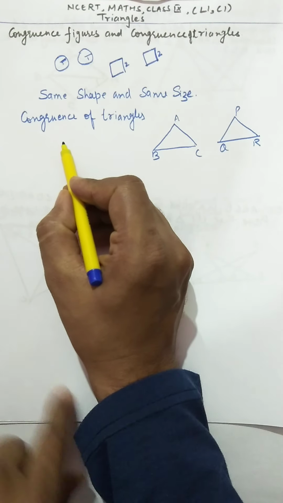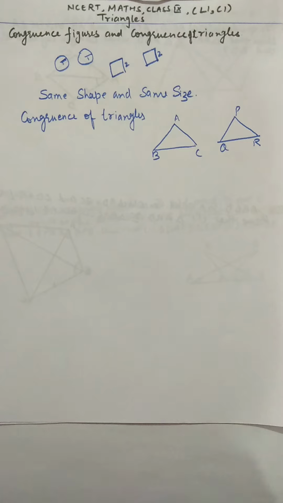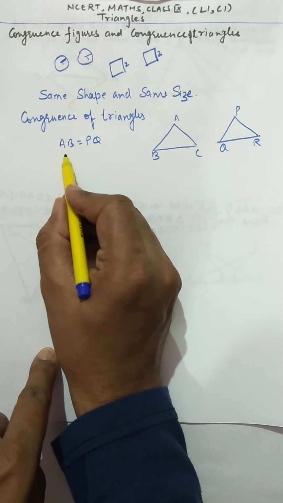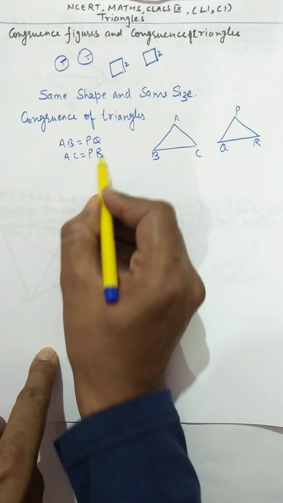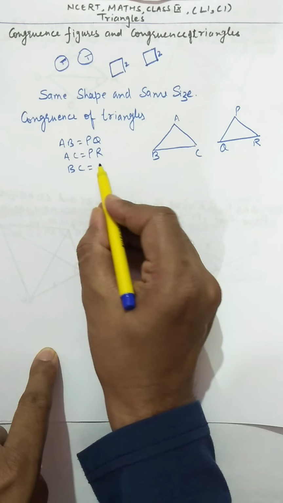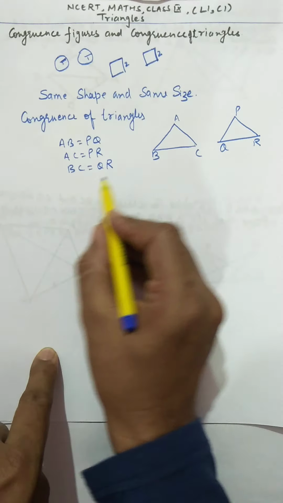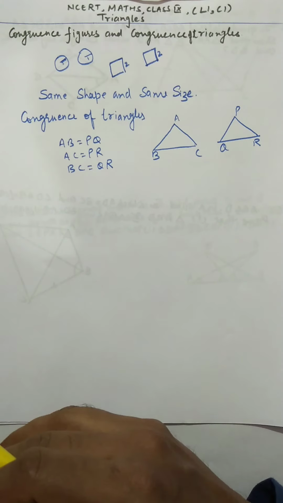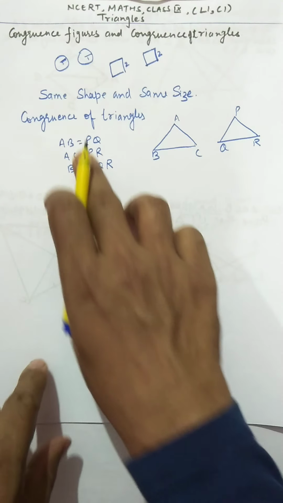So if all sides are equal, let's say AB equals PQ, AC equals PR and BC equals QR, then you can see that these triangles can be considered congruent.